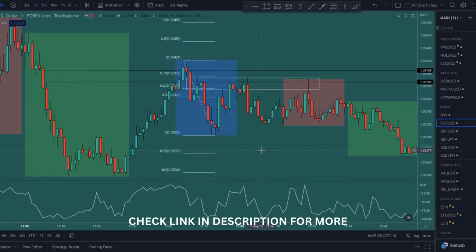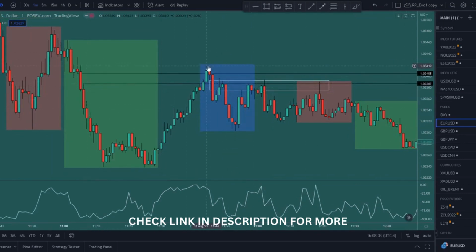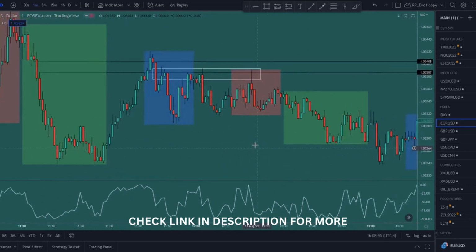So this is the fractal, right? Also, obviously you can see it's in a premium. So we have both imbalances. In this case, the second fractal did not go above the first fractal, and that's okay, but both imbalances were created in mini kill zones. Very powerful. And this is what I was saying.